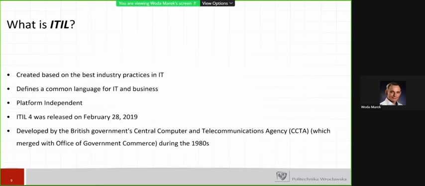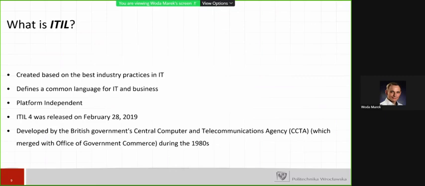version 4. Version 1 was established by the British agency called the Central Computer and Telecommunications Agency, which no longer exists and is now part of the Office of Government Commerce.